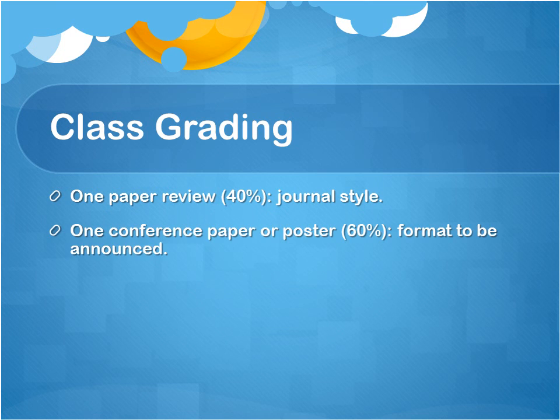And then the other major piece is a paper or a poster in conference format, which we'll detail later. Essentially, either a written paper or a poster that you could hypothetically present at a conference, or you may actually end up presenting at a conference if the opportunity arises.